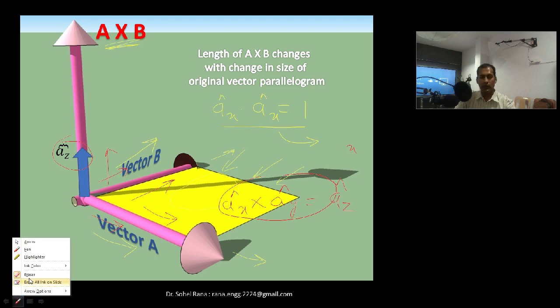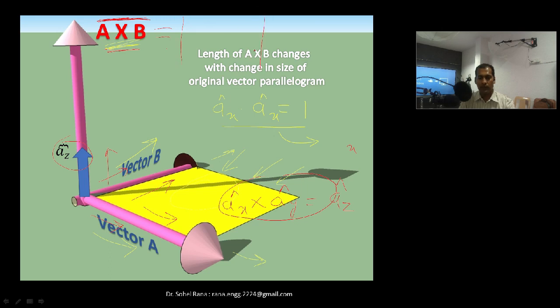So let us consider one example. In general, this is, say, A bar cross B bar. A vector should have a bar on its head, so now this is a vector with a bar. If we want to solve this A bar cross B bar, what will be the answer? It is solved by taking the matrix.